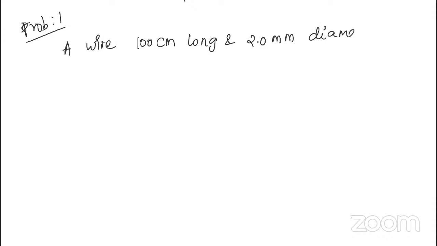A wire 100 centimeter long and 2 millimeter diameter has a resistance of 0.7 ohm.